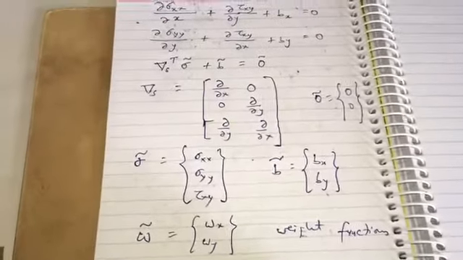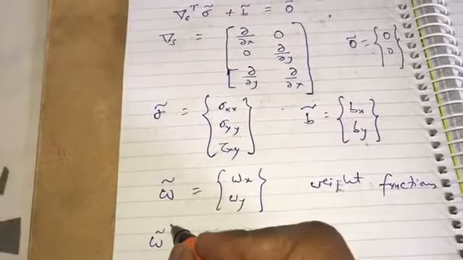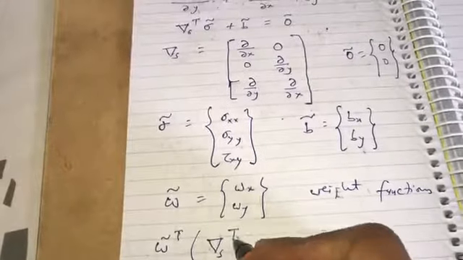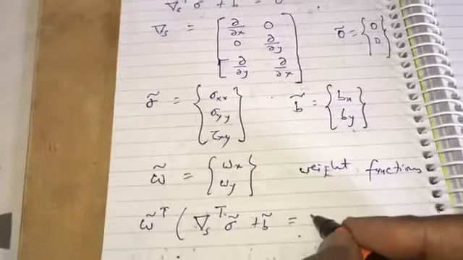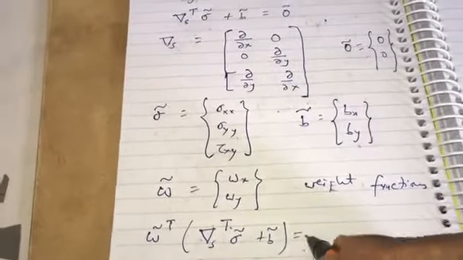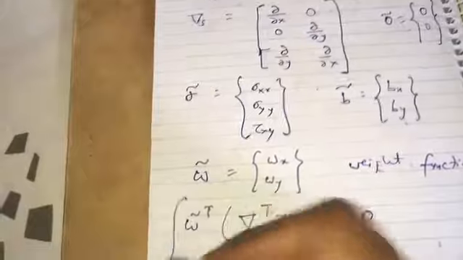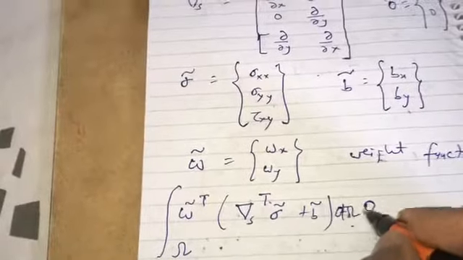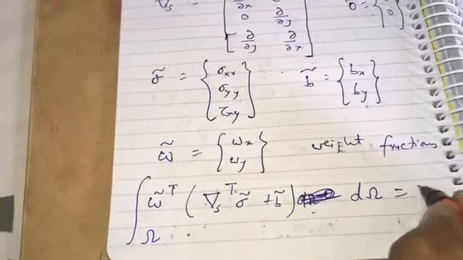What I mean to say is, we will multiply w vector transpose and then this equation, del s transpose sigma plus b equal to 0, and integrate it over the whole domain, and the whole thing equal to 0.